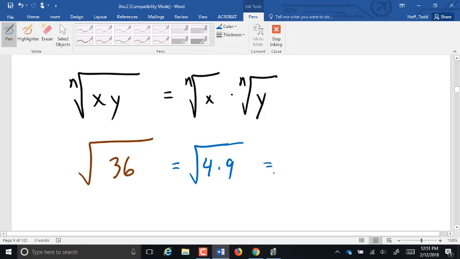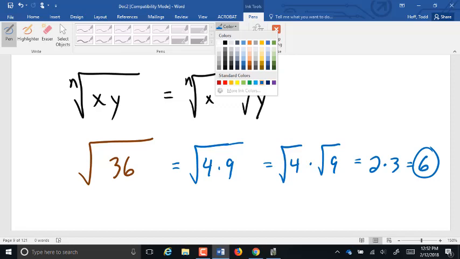So the square root of 36 is the square root of 4 times 9, or the square root of 4 times the square root of 9. Well, what's the square root of 4? 2. What's the square root of 9? 3. 2 times 3 is 6. So the square root of 36 is 6.